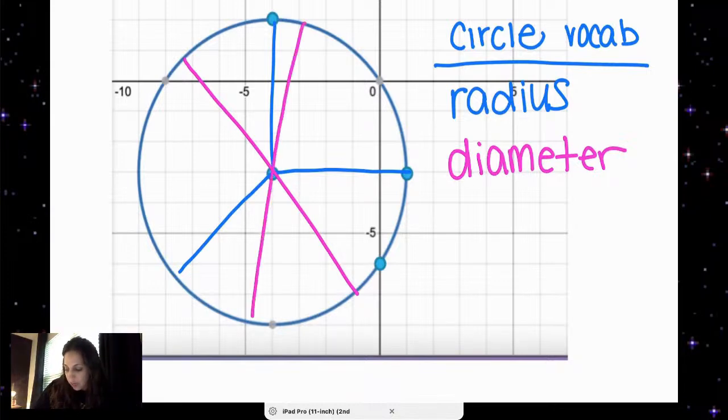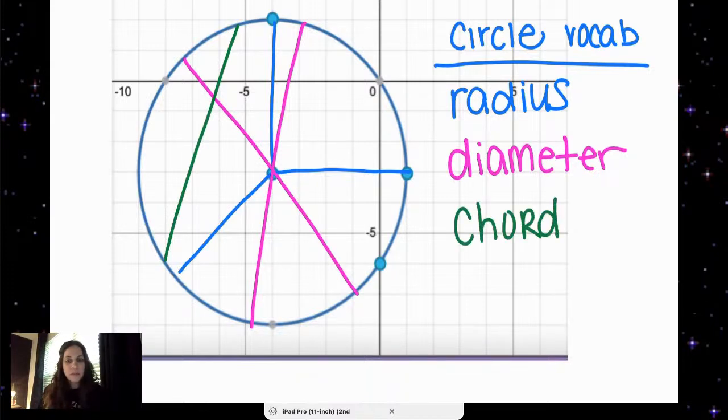So those are diameters. This is not a diameter. Even though it goes from the outside of the circle to the outside of the circle, that is called a chord. Now, not everybody in this room needs to know what a chord is. Everybody needs to know radius and diameter.